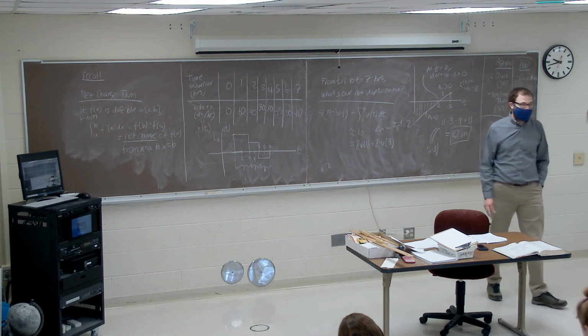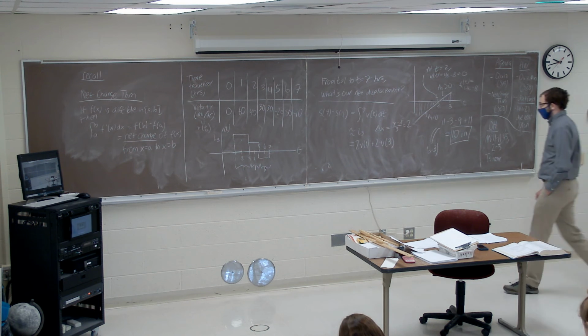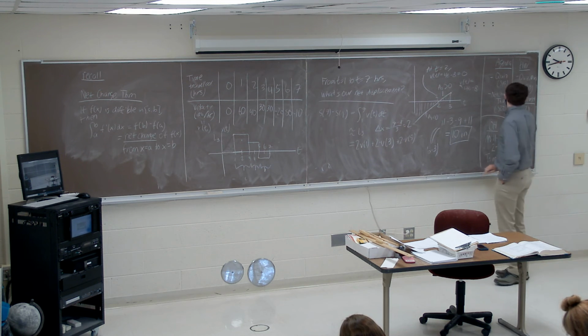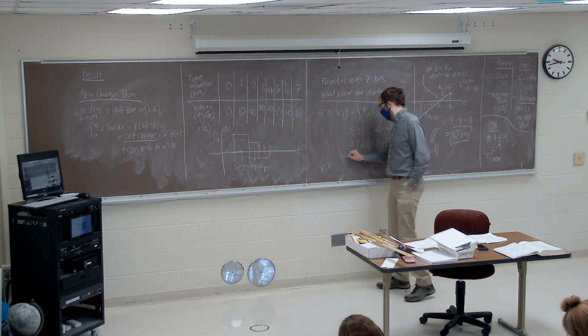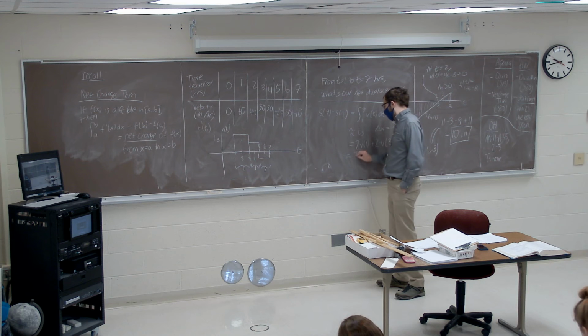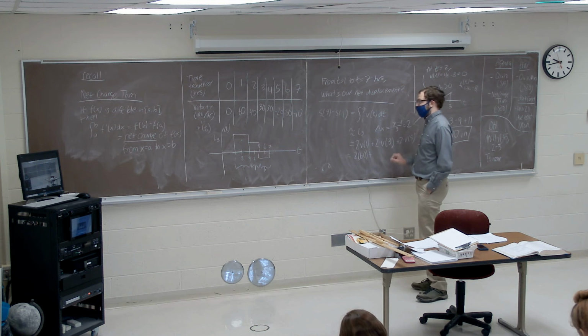And Ryan, how about our third rectangle? 2 times the v of 5. Yeah. Last rectangle goes from 5 to 7. So if we plug that in, we'll get 2 times v of 5. And if we calculate that out, our v of 1 was 60 miles per hour. Our v of 3 was 30 miles per hour.